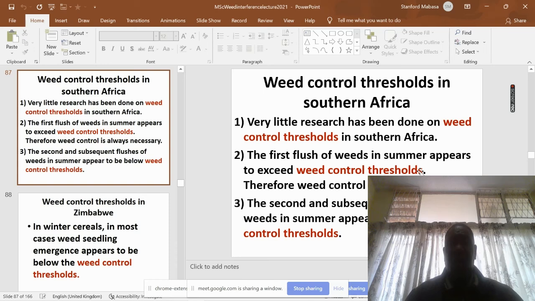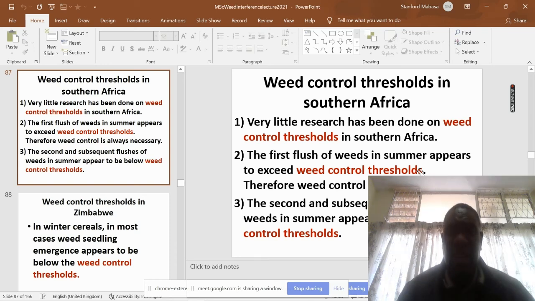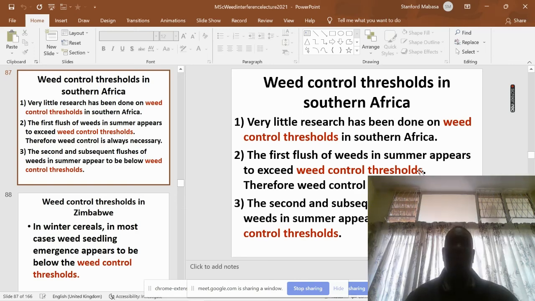Now, about weed control thresholds in Southern Africa, or even in Africa for that matter, there is very little research. Actually, very little research has been done on weed control thresholds in Southern Africa. There are very few papers.